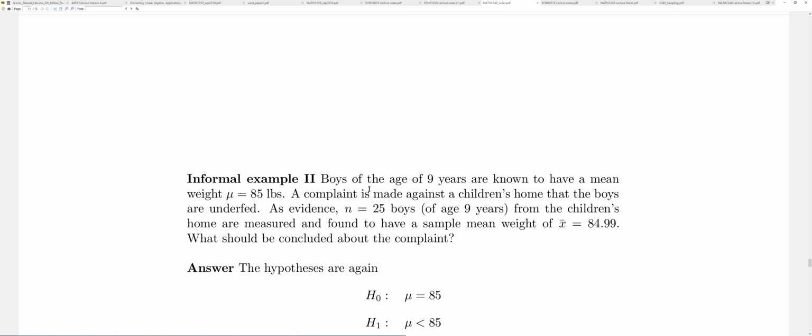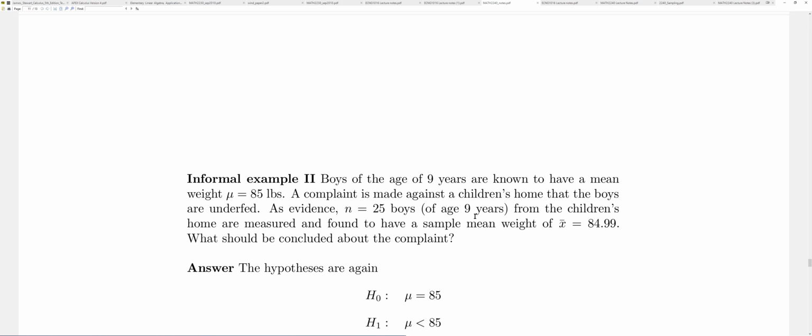Let's take a look at a very similar problem. What I did is I just changed the sample mean weight. So it's the same setup: we're investigating a children's home, specifically the boys of age 9. You want to determine if the boys are being underfed. The average weight of boys of 9 years old is supposed to be 85 pounds.